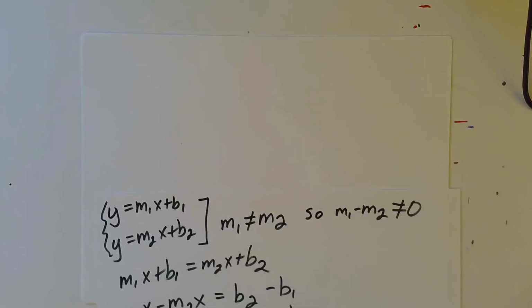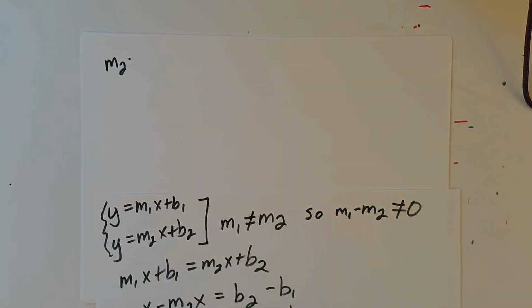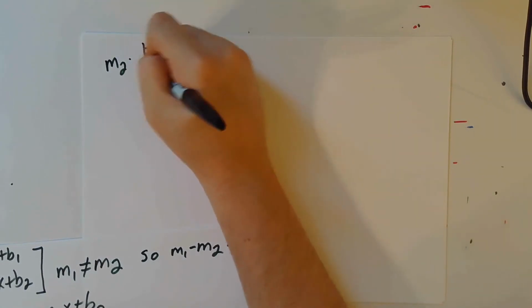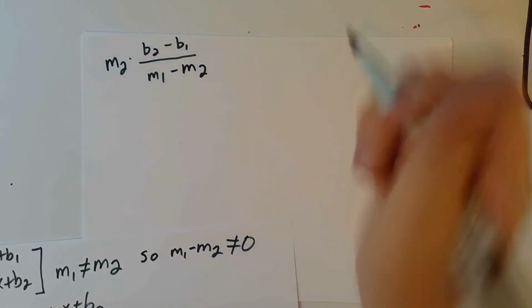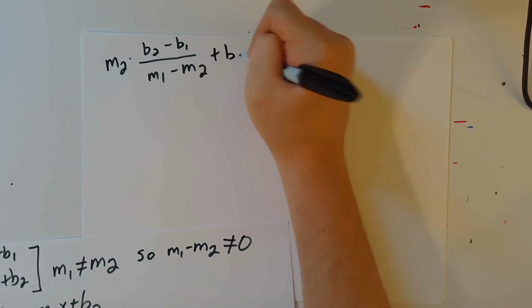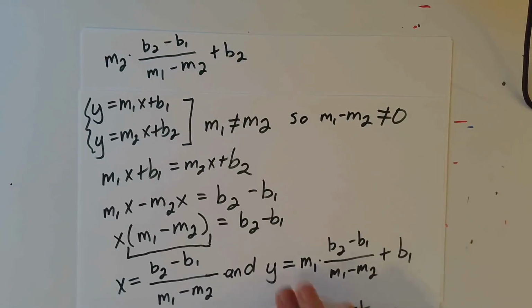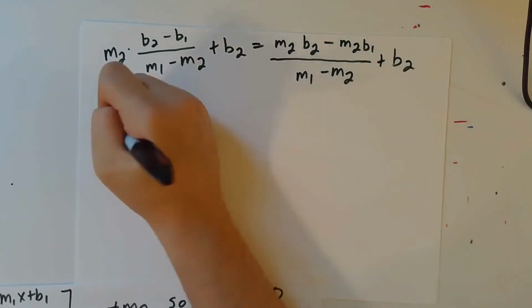So this is just going to be checking that if I take m2 times b2 minus b1 divided by m1 minus m2, and I add to that b2, I really get the same y. That is, I really get this thing. I'll just go on algebra autopilot here.